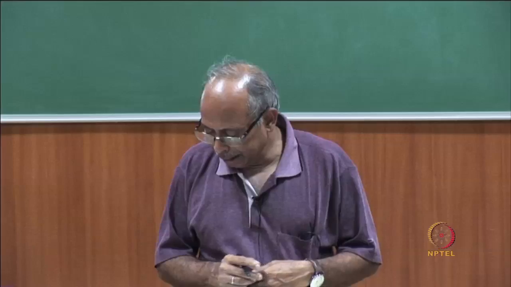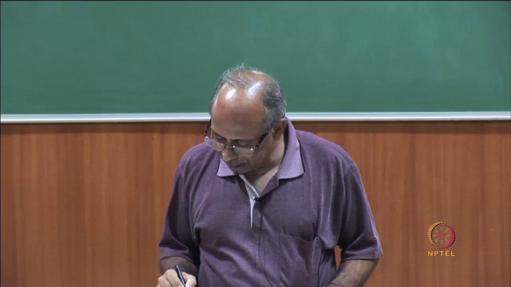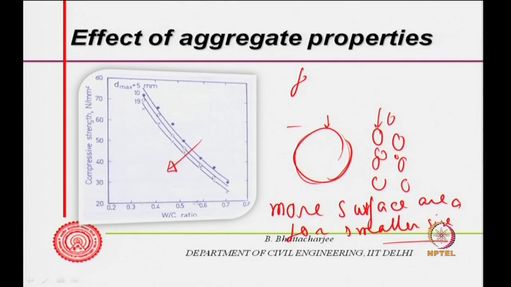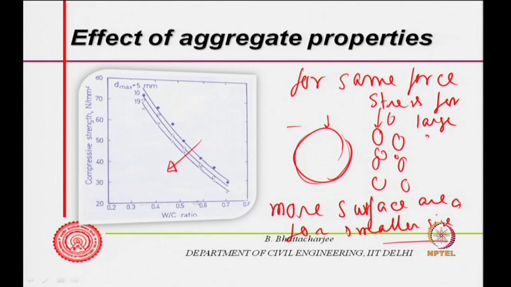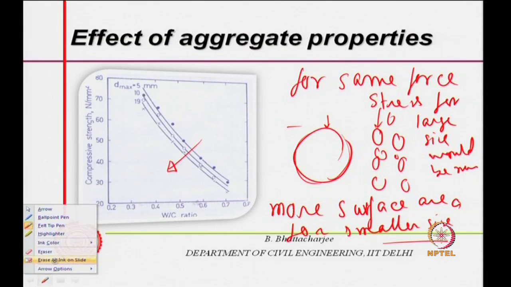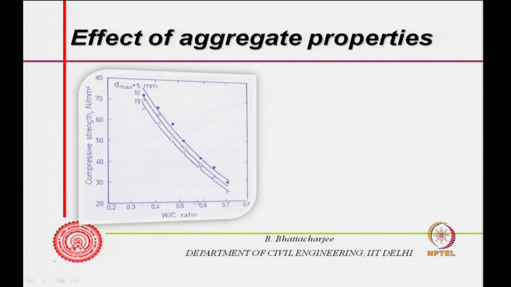So, more surface area for the smaller size for the same force; stress for the larger size will be more. Therefore, size has a role. Larger the size, strength will be lower.